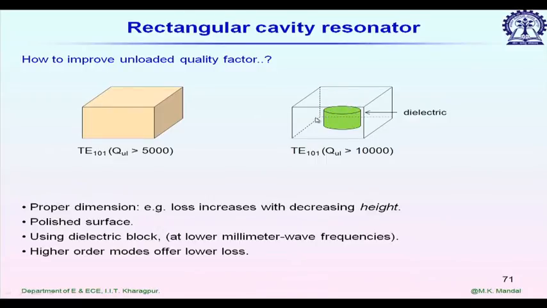So, this is a technique by which we can decrease conductor loss further. Not only that, due to the dielectric, the dimension of this rectangular cavity becomes smaller compared to the original one. The actual dimension of a resonating cavity you can calculate by using any electromagnetic solver or full wave simulator.